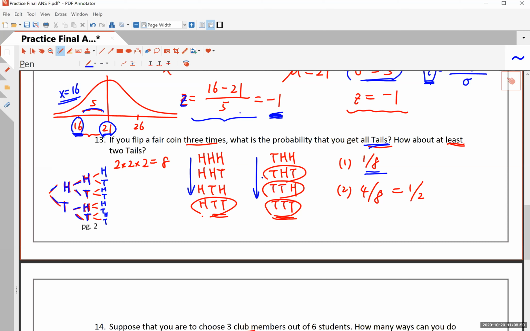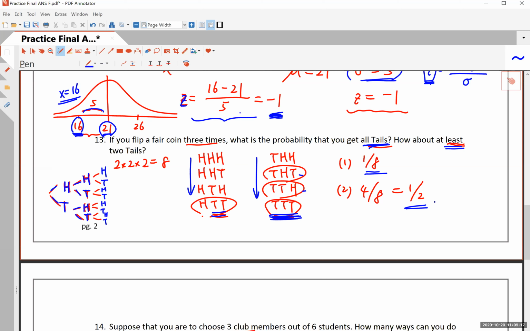And you can tell out of these 8 outcomes, all tails only happens once. That's why it's 1/8. How about at least 2 tails? If you look at all these 8 outcomes, at least 2 tails happens here, here, here, and including all tails, because 3 tails means at least 2 tails. So that's 4 out of 8.